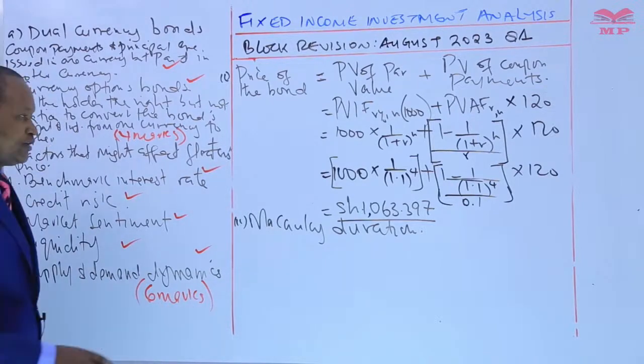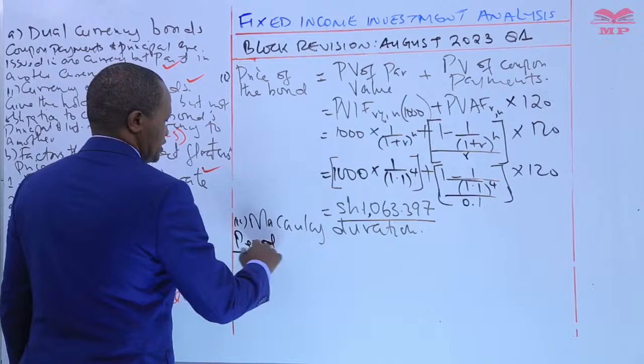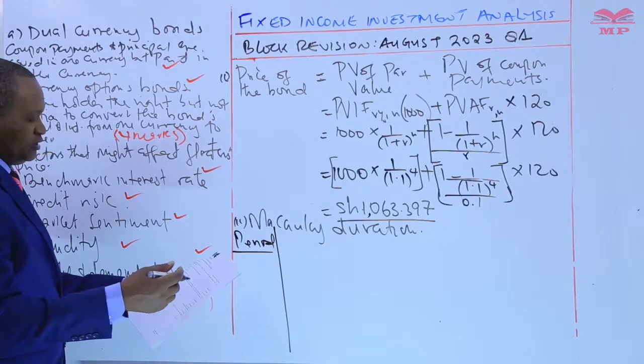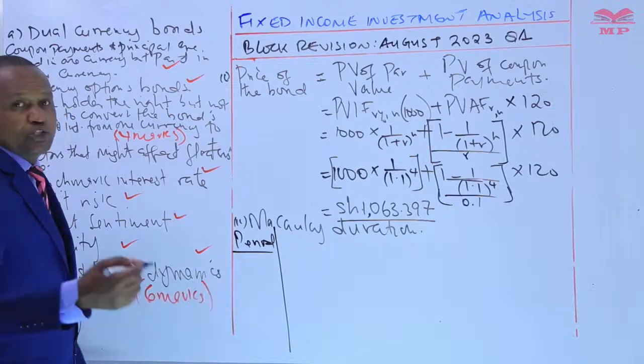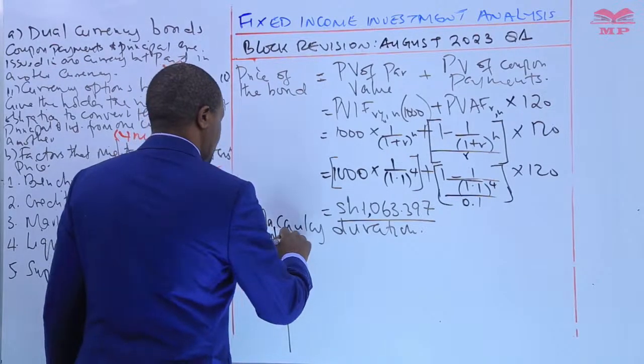We're going to have here the period, and we know there are 4 periods. These are 4 years. Period is 1, 2, 3, 4. The next column is the cash flows.